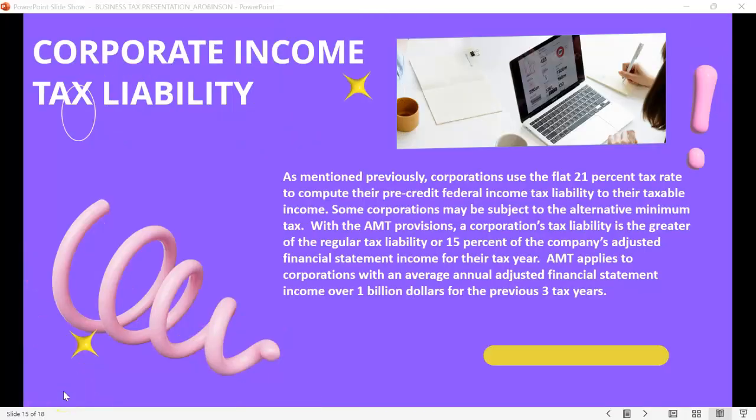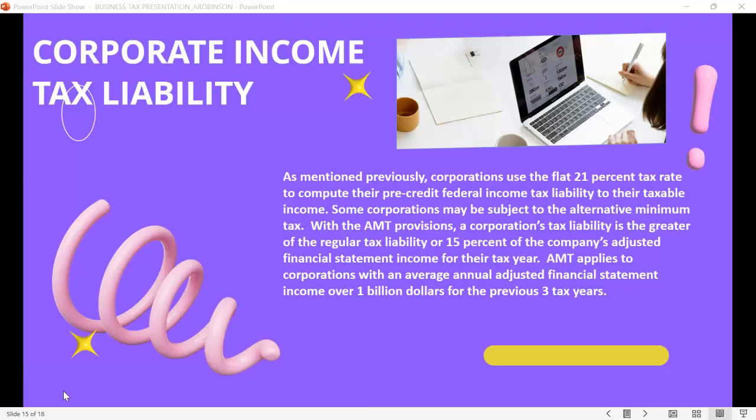As mentioned previously, corporations use a flat 21% tax rate to compute their pre-credit federal income tax liability on their taxable income. Now, some corporations may be subject to the alternative minimum tax. With the AMT provisions, a corporation's tax liability is the greater of the regular tax liability or 15% of the company's adjusted financial statement income for that tax year.